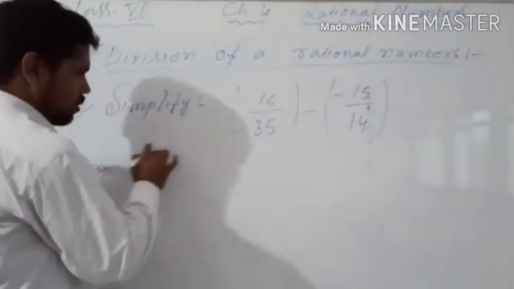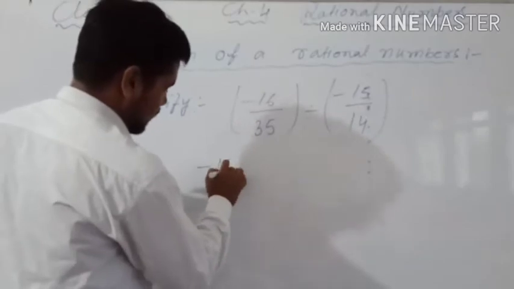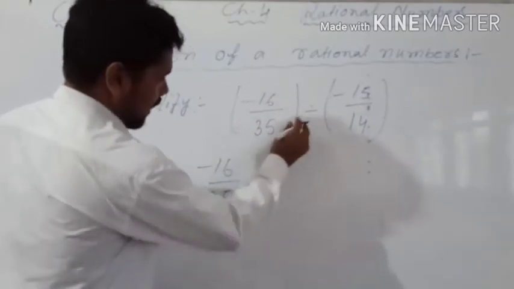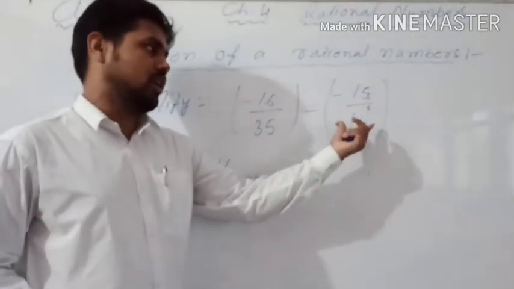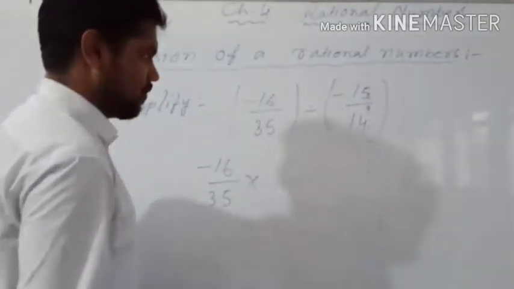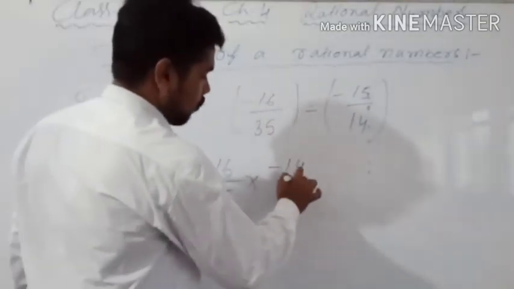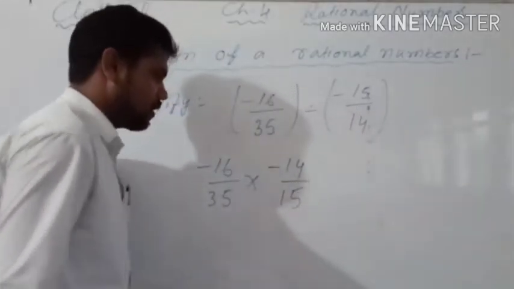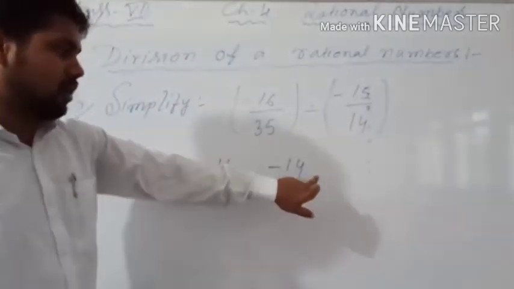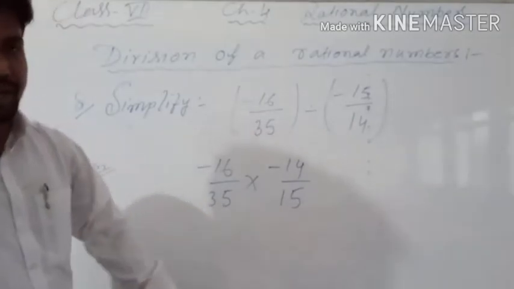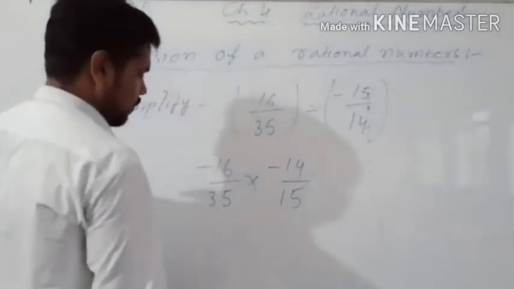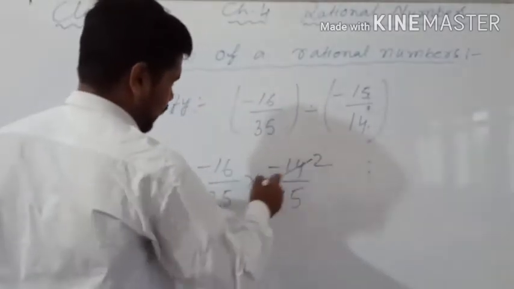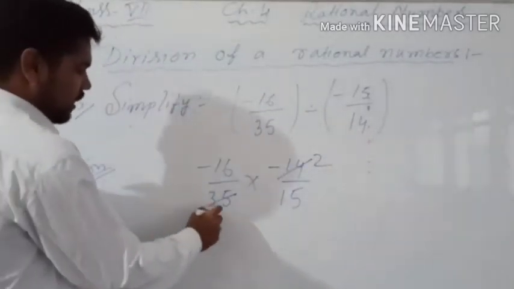Very simply you can simplify this. This will be as it is, minus 16 by 35, and this will become the reciprocal of this. The reciprocal of minus 15 by 14 will be how much? Minus 14 by 15, right? Now you have to check if they can be reduced to lowest terms: 7 into 14, and 7 into 35.